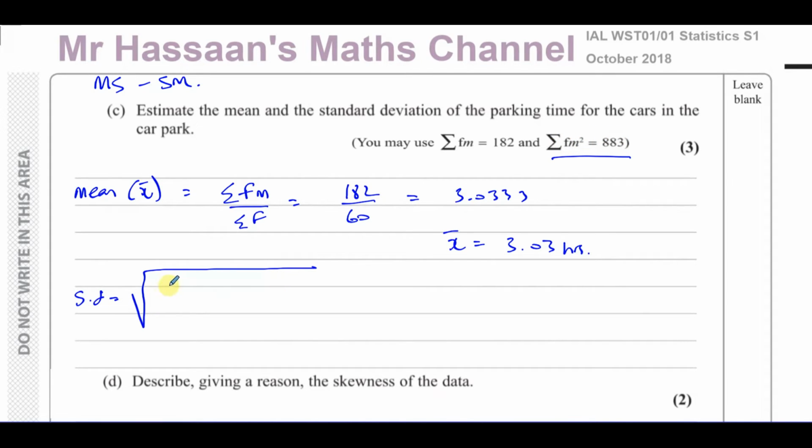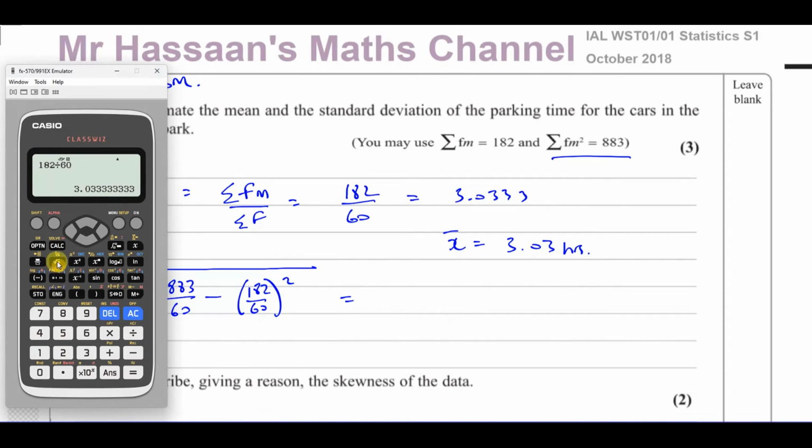So that gives you 883. So 883 over the total number of entries, which is 60, minus the square of the mean. So we're going to square this value, but I'll take the more exact value, which is 182 over 60 before we rounded it. And that will give us the standard deviation. So the standard deviation is going to be the square root of 883 over 60 minus, in a bracket, 182 over 60, squared.